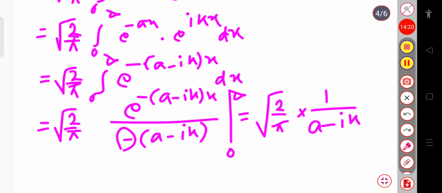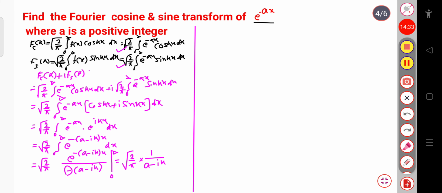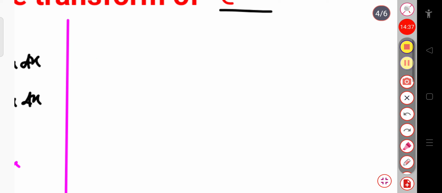Since a minus ik is present here, I have to multiply its conjugate, that is a plus ik, in the denominator as well as the numerator. Here I am writing fc of k plus iota fs of k.